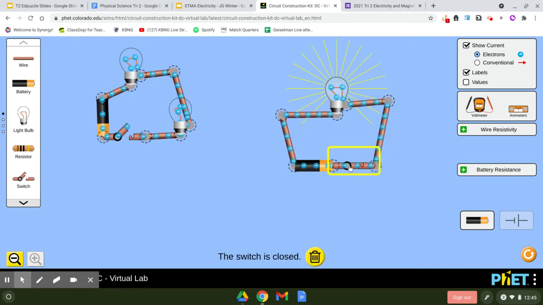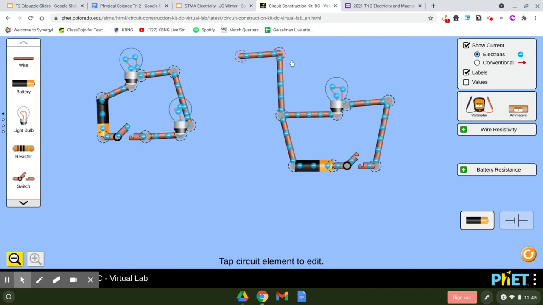By closing the switch, we have one pathway for electrons to flow, and we light up the light bulb. But now by adding a second pathway, we are going to provide another pathway for those electrons to flow.